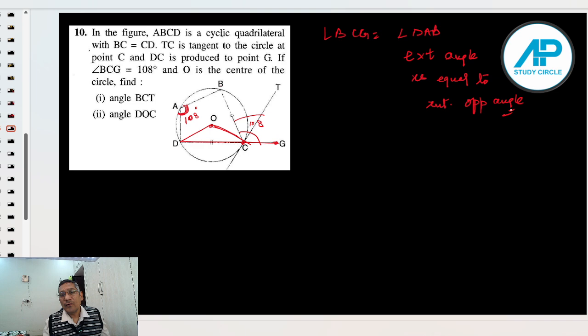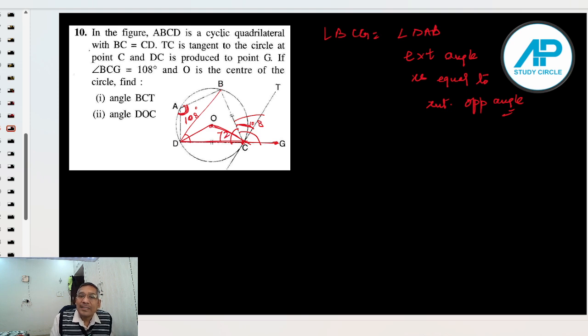Now, how to find the value of angle BCD? See, this angle BCD is actually the angle between the tangent and the chord. It has to be equal to some interior angle. So I should make an angle between the chord BD and DC. How can I find this angle now in this question? That is the point to see. This angle is 108, this angle is 72.